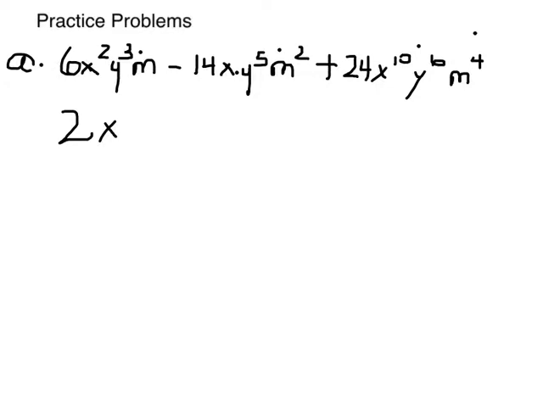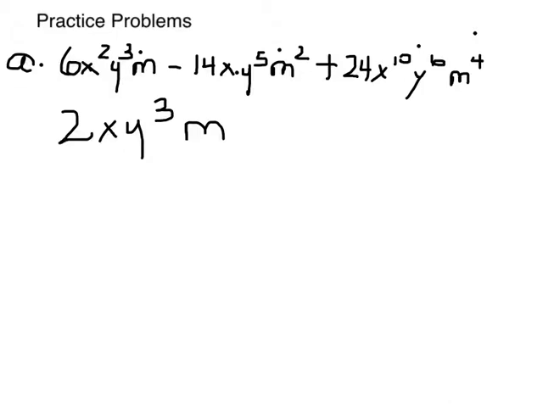The smallest one, y cubed, is the only one that will go into all 3, so I have to use it. And the same thing here with the m. The m to the first power is the only one that will go into itself, so I'm going to use that. So my greatest common factor for these 3 would be 2x y cubed m.